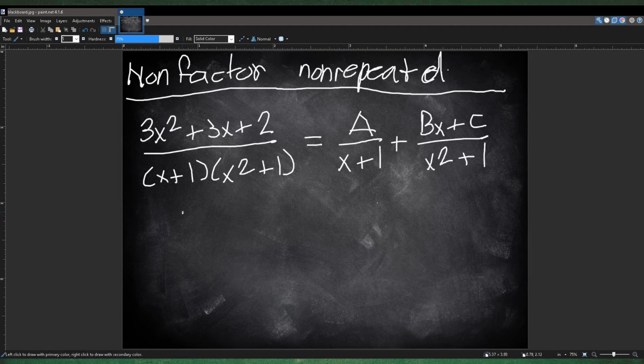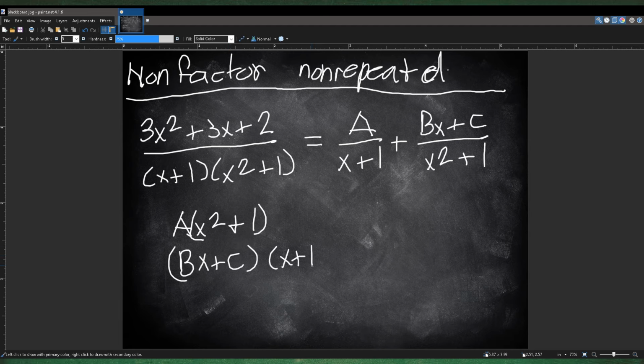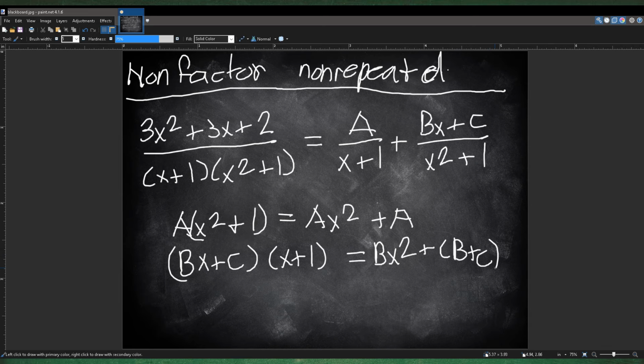So you have a times x squared plus 1, and you have bx plus c times x plus 1. So you get ax squared plus a, and you get bx squared plus bx, plus cx, and then you have to add in c.